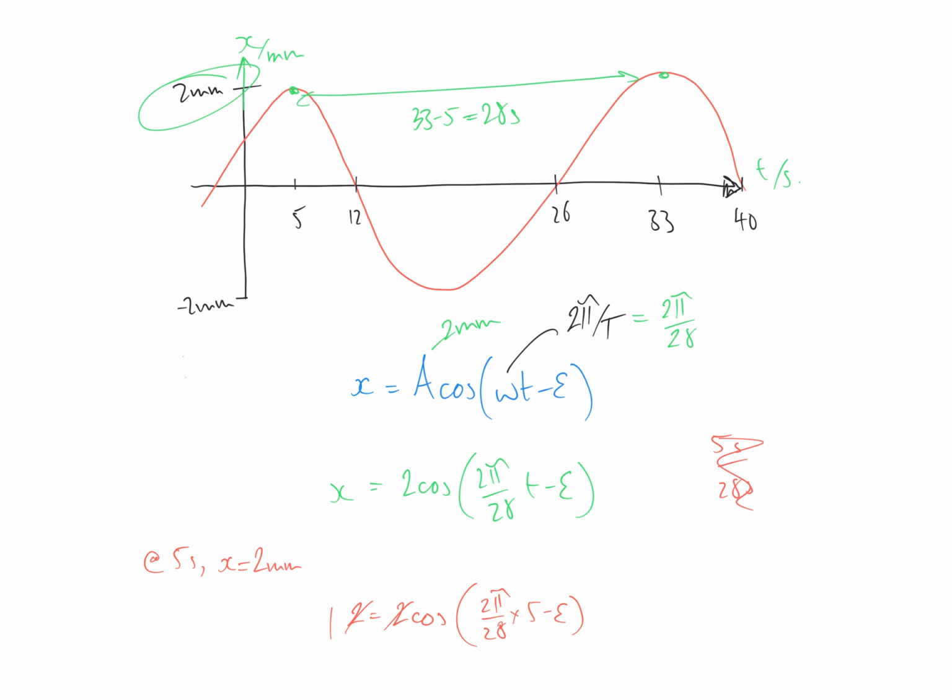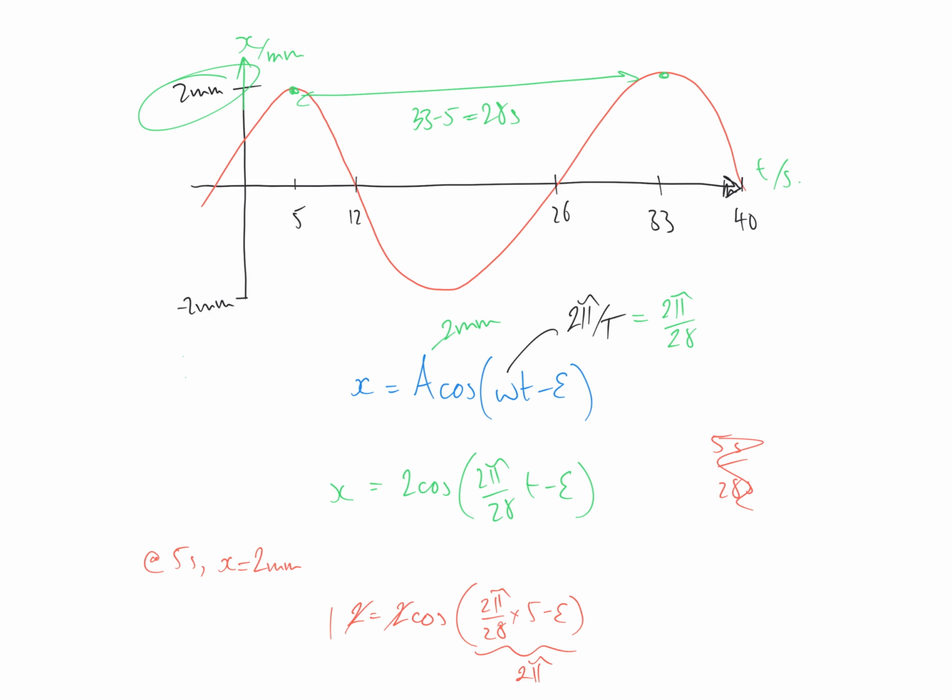So cos of this function must equal 1. So when does cos of something equal 1? Well, when the angle is 0 or 2 pi, not at pi because that's minus 1. So let's go with 2 pi. All of this needs to equal 2 pi.